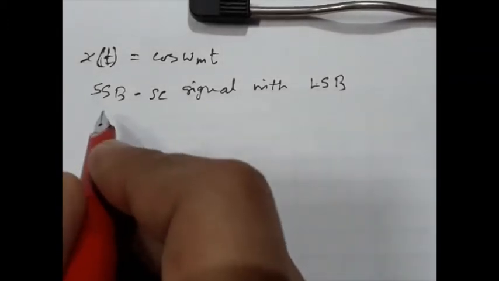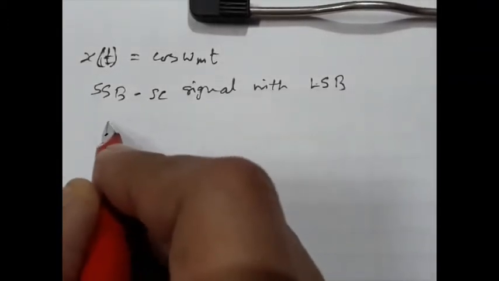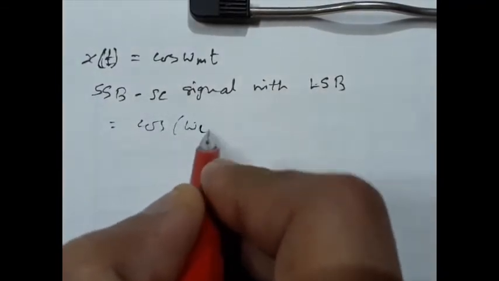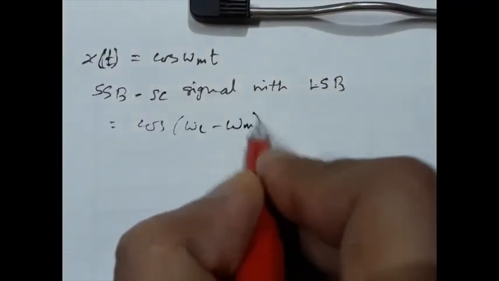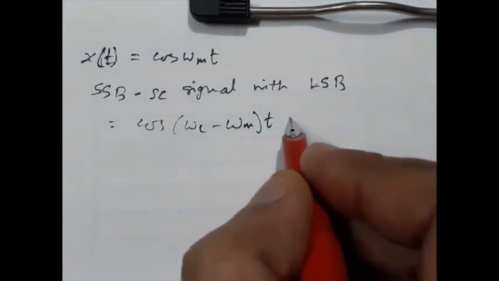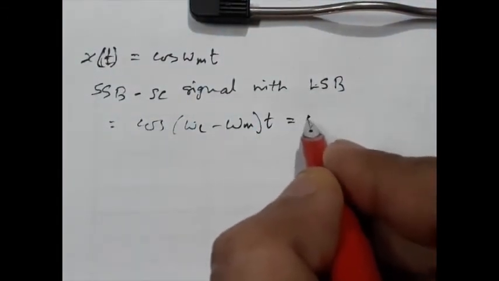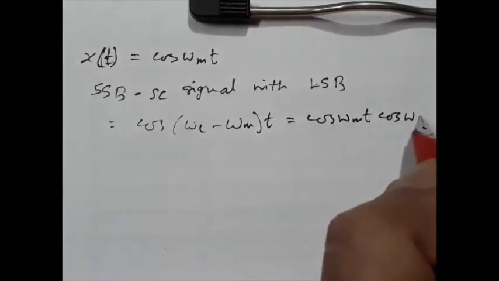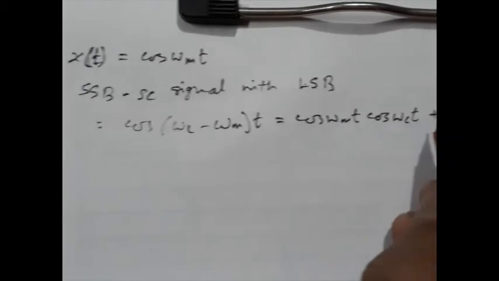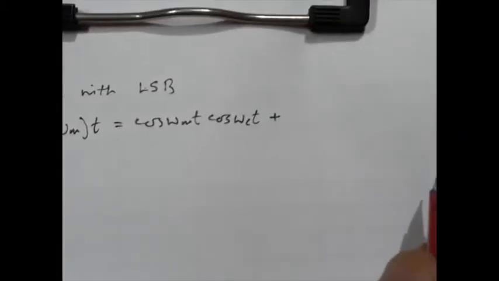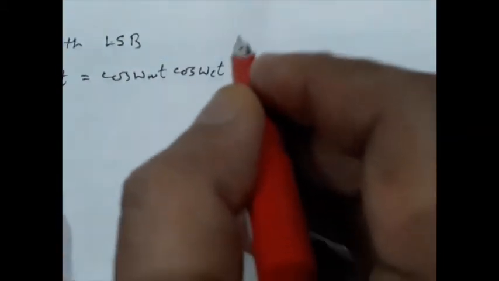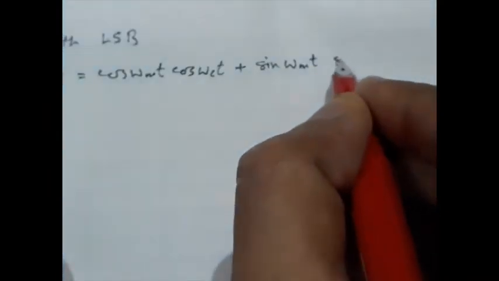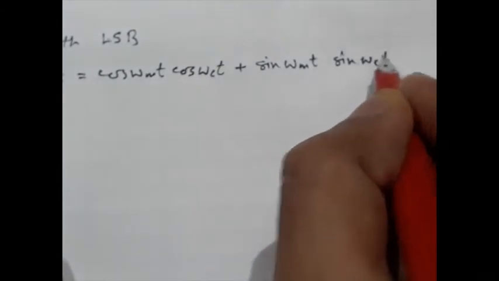So the SSB signal can be written as cos of (omega c minus omega m) t. That can be written as cos omega m t cos omega c t plus sin omega m t sin omega c t.